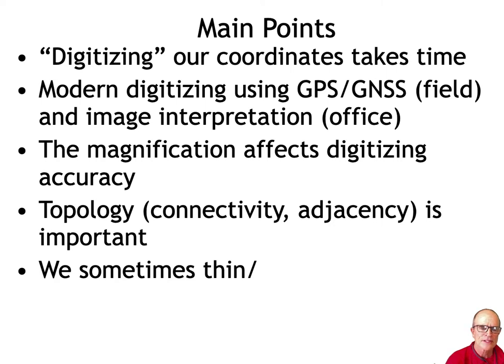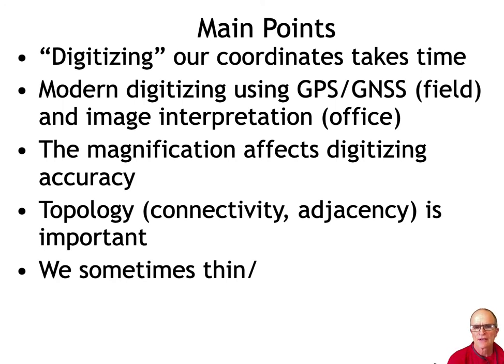So we use satellites or aerial platforms to capture information in digital images, and then we interpret those digital images. We'll talk about both of those methods of entry in detail in the next couple of chapters, but they're the base which we use to digitize.